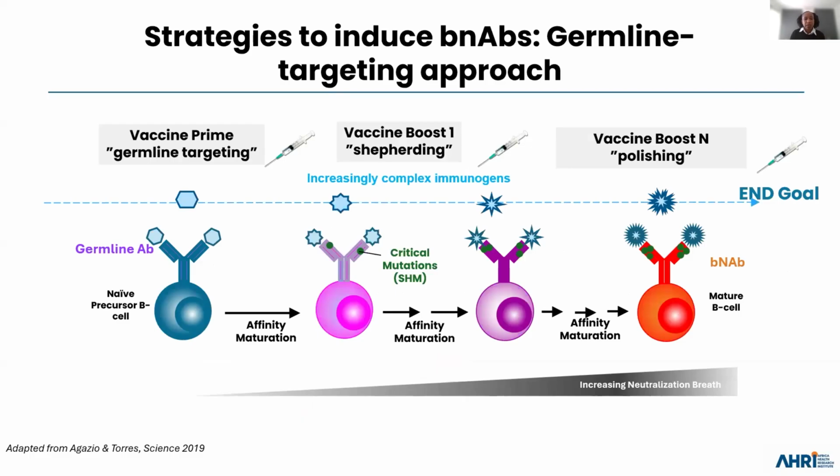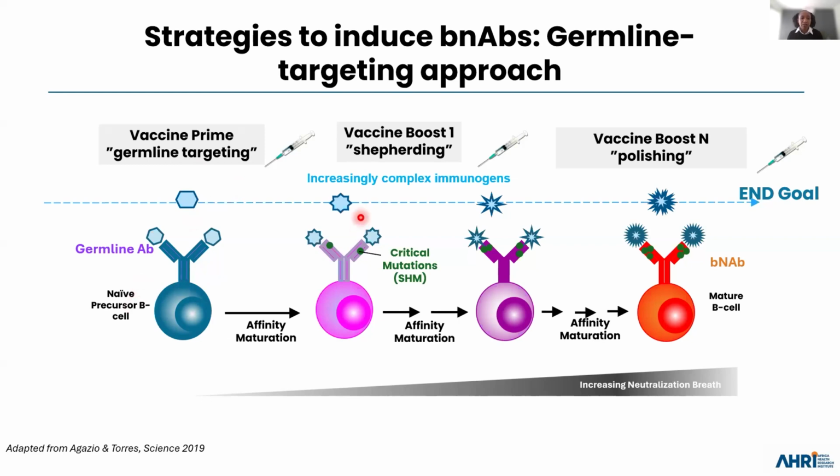So what does the germline targeting approach mean? In principle, the idea is to use engineered immunogens, or vaccine candidates that are engineered in the lab, against HIV/AIDS. So with this HIV vaccine candidate, what we want to do is to design an immunogen that is able to activate or wake up a specific kind of B cell.